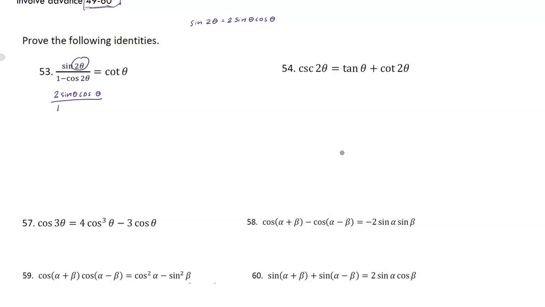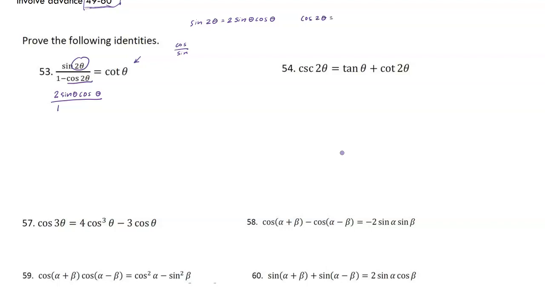Now we need to turn things into cotangent. So cotangent, okay, I'm not actually changing the right-hand side. I'm just going to write it as a reference that cotangent is cosine over sine. Okay, so I could change the cosine square theta. I have two options. I could change it.